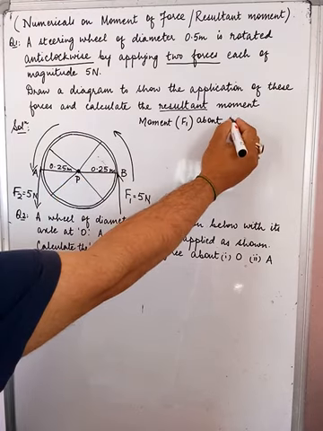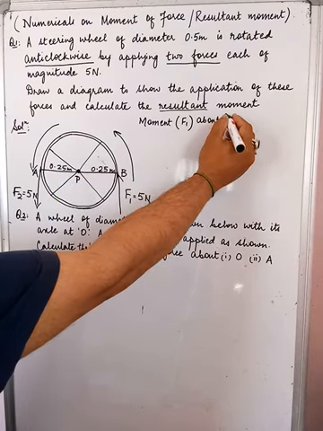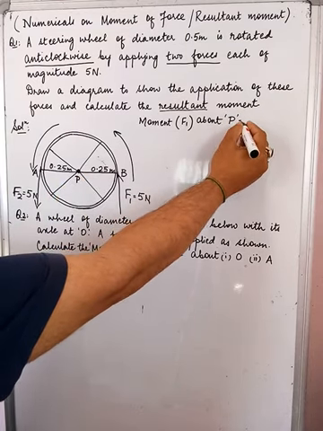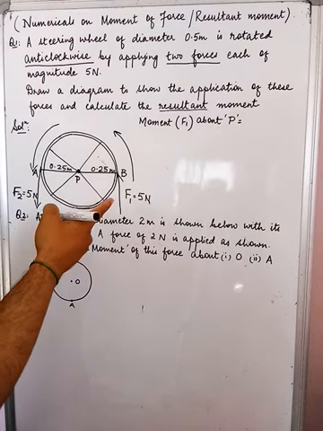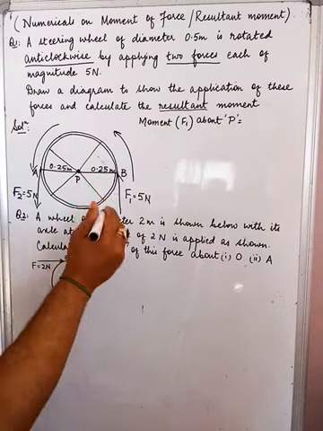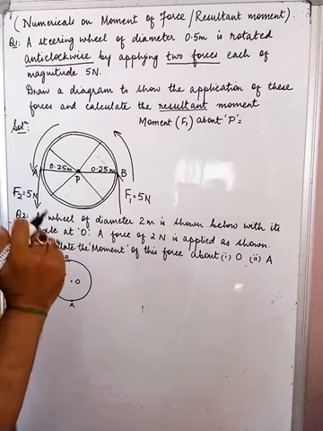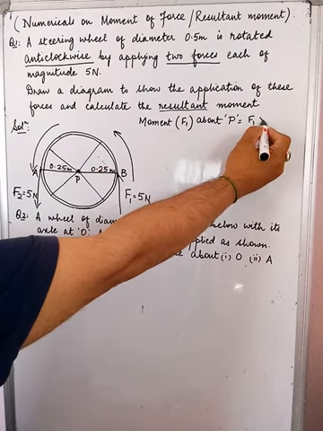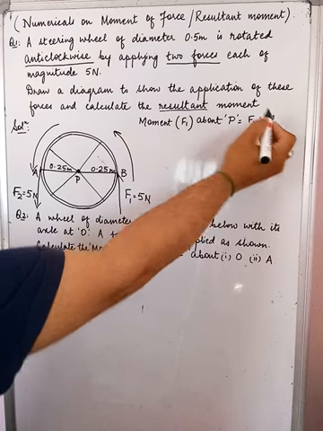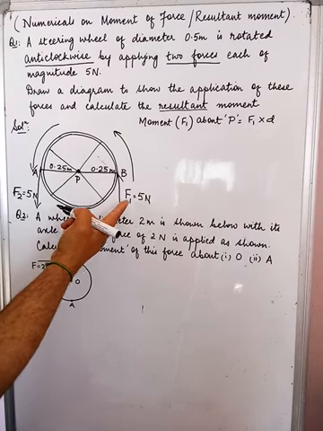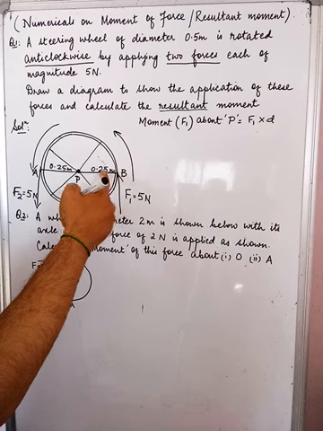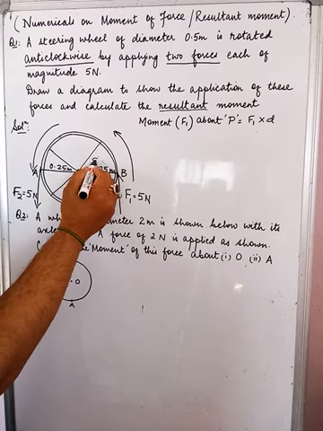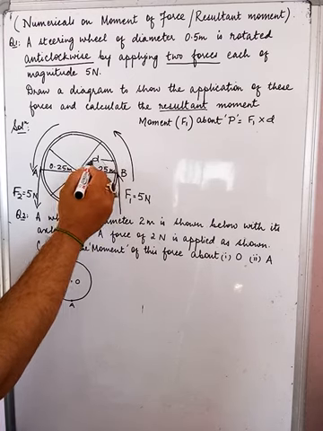It is always about that fixed point which is known as the pivot. So this is the pivot P. Now we are talking about the moment of force F1 first. The formula, if you remember, was F into D. So in the first case we have F1 into D. This is the D that we are talking about.